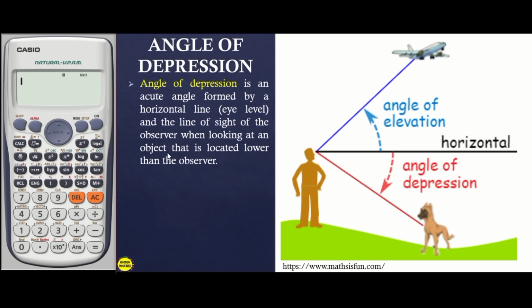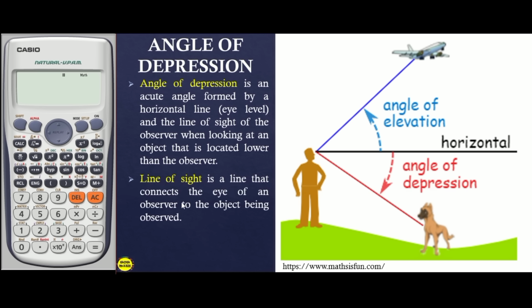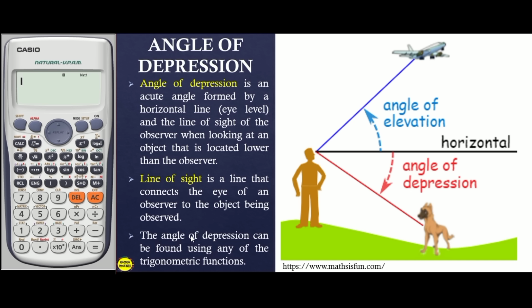When looking at an object that is located lower than the observer, ito po yung ating angle of depression. Next, the line of sight is a line that connects the eye of an observer to the object being observed. And the angle of depression can be found using any of the trigonometric functions. So, we can also use the 6 different trigonometric functions in solving the angle of depression.